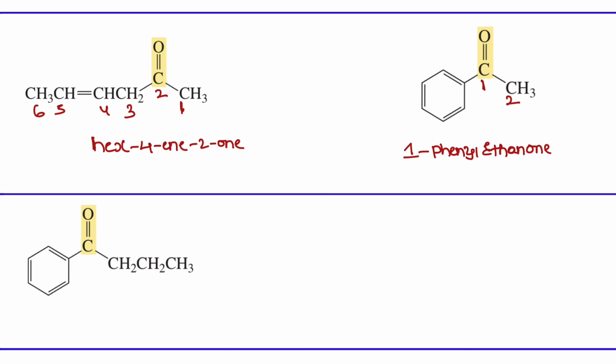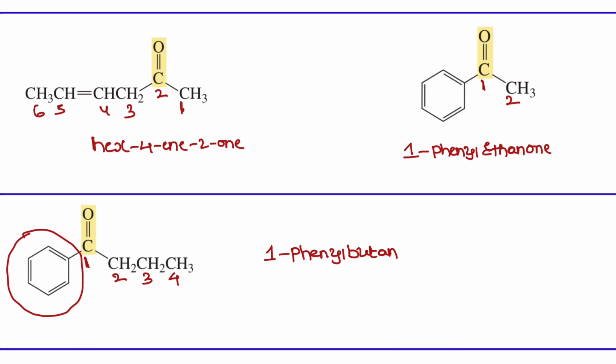Again, we have a phenyl ring attached to the ketone group. So, this is first carbon, second carbon, third carbon, fourth. And this is a phenyl group. So, this is one phenyl, but, ane, one, butanone.